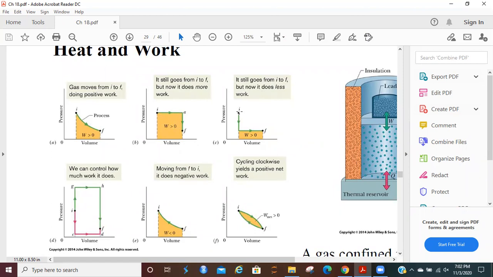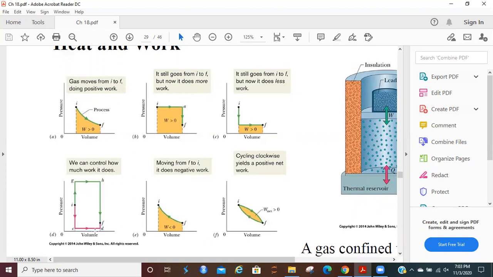If, however, the pressure were to drop initially, but no volume change, and then the volume changes with constant pressure, that has less work than what we see over here. So depending on the area under the path that is taken will tell you how much work is done. If you look at this area, and this area, you can compare those.